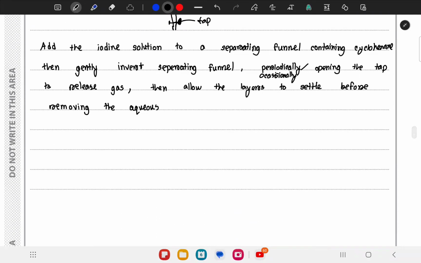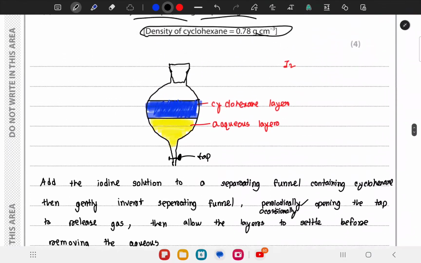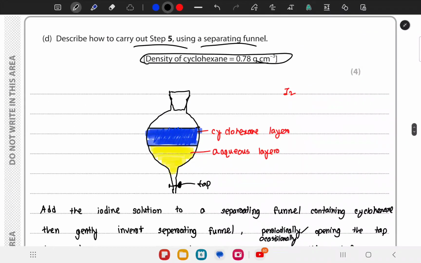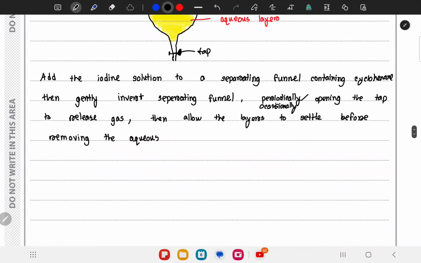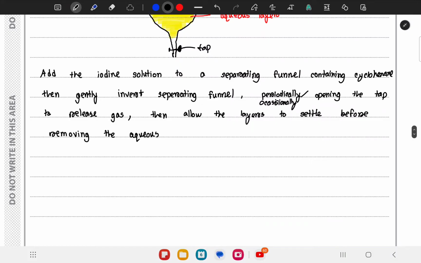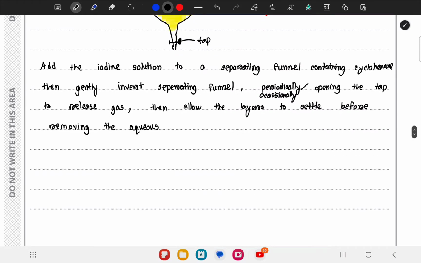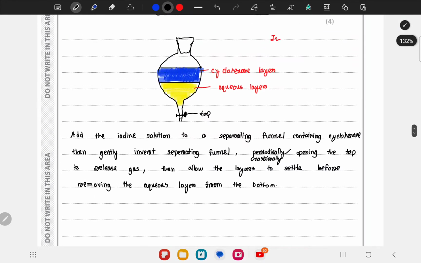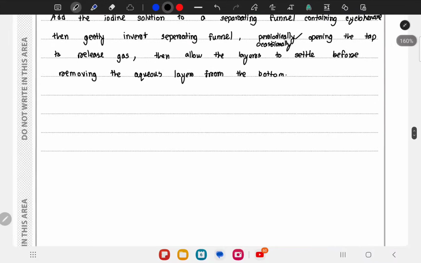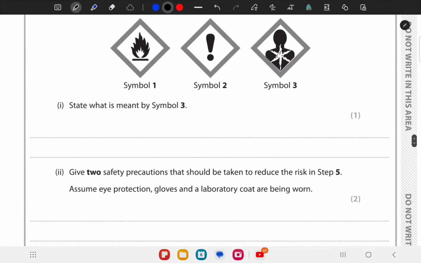So we have to show them that we know that the density of water is 1 gram per cm cube and it's going to be in the lower layer because it's denser. So that's how we construct our answer for this.